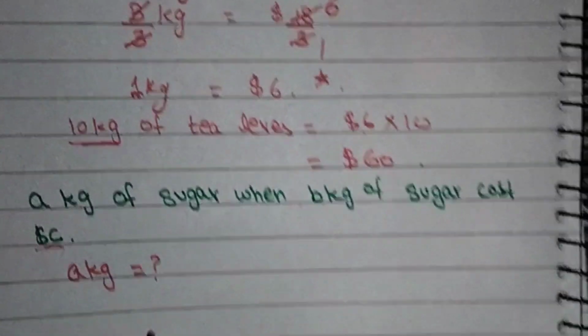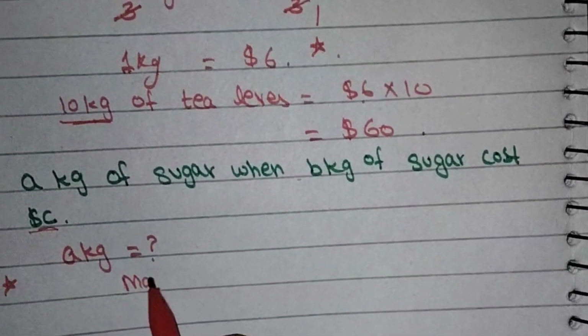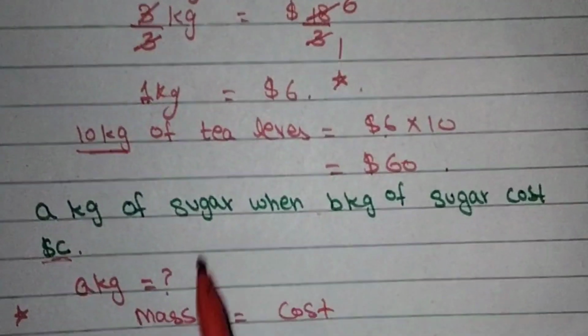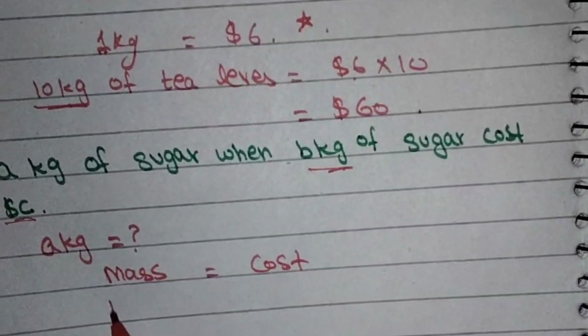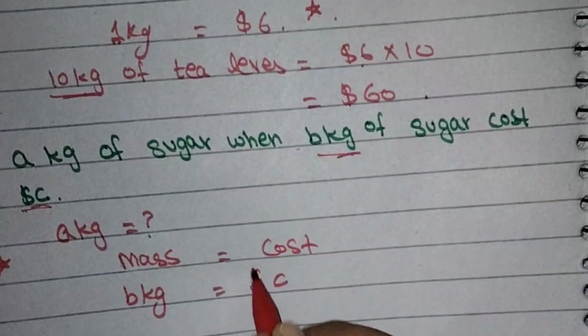Here I will again make columns: mass is equal to cost. So b kg is equal to cost $c.